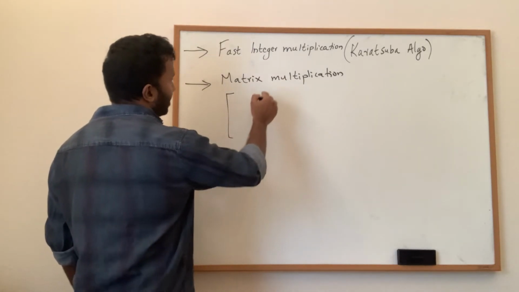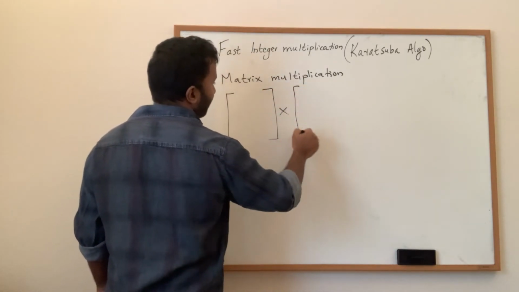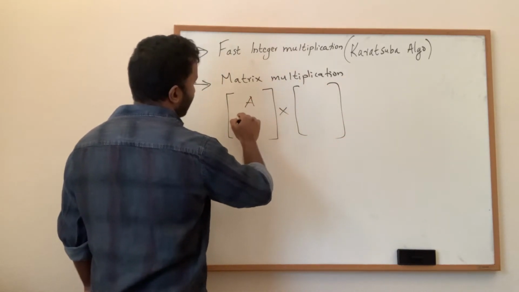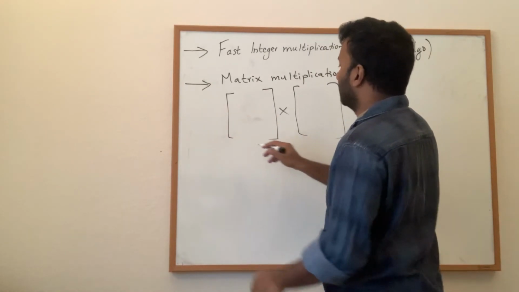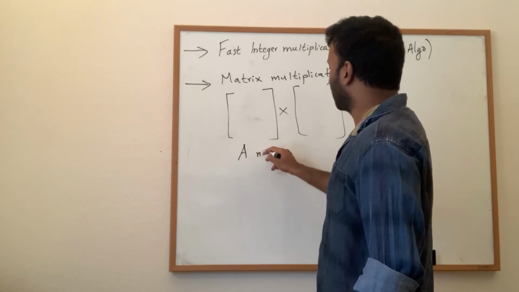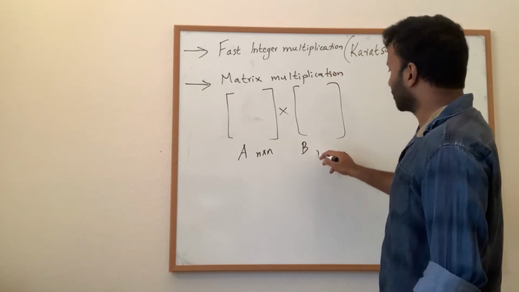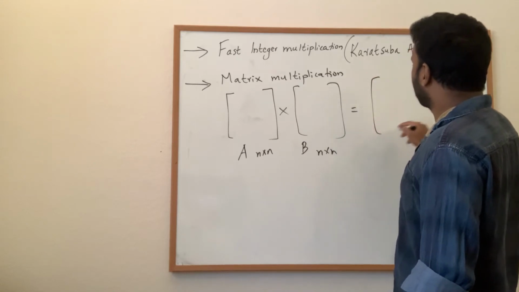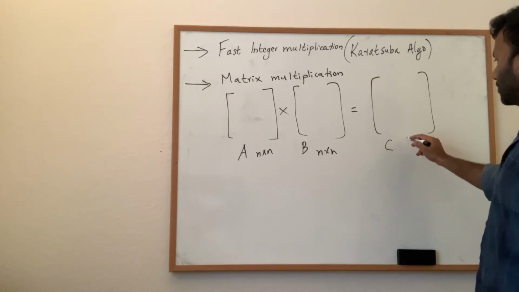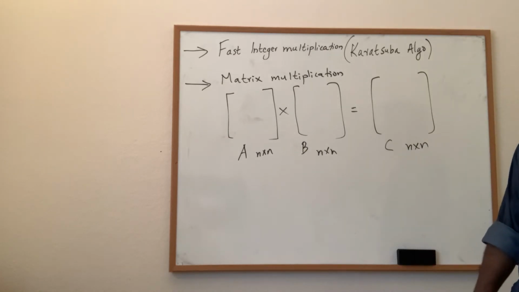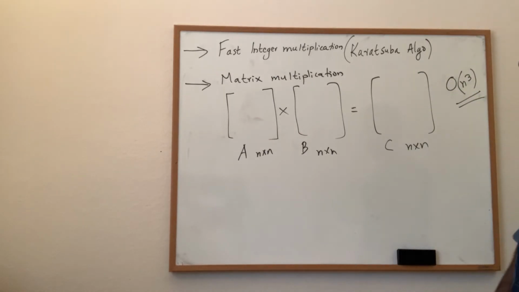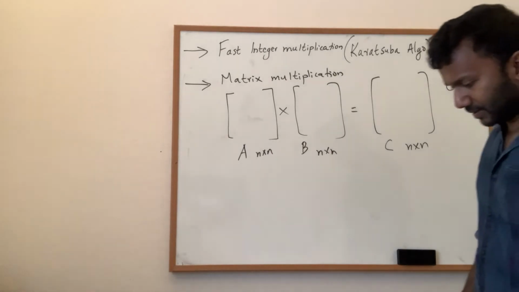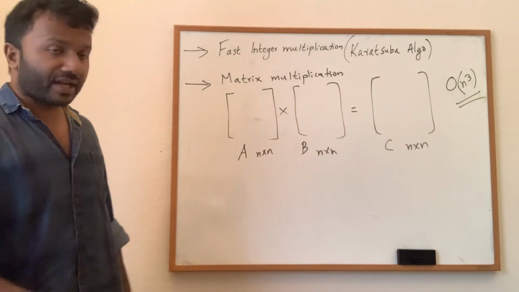So here we are given two matrices, let's say A, which is n cross n, and a matrix B, which is also n cross n, and your objective is to compute a new matrix C, which is also going to be n cross n. So the trivial solution is of n cube, whatever we have learned in high school. However, there is a nice strategy to apply divide and conquer.